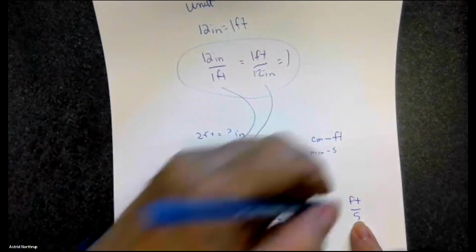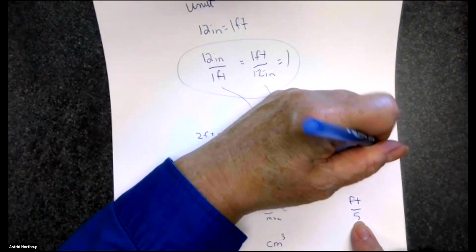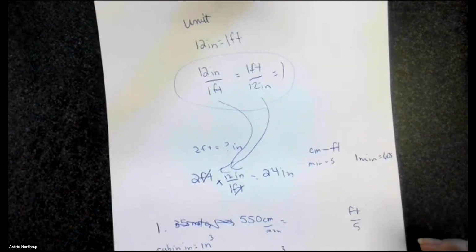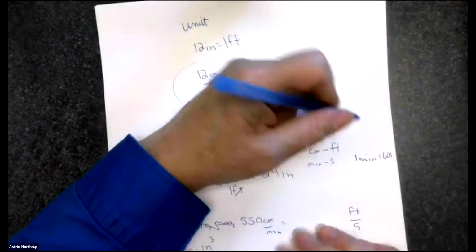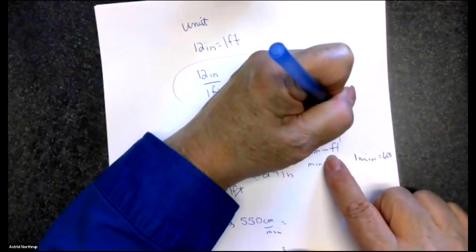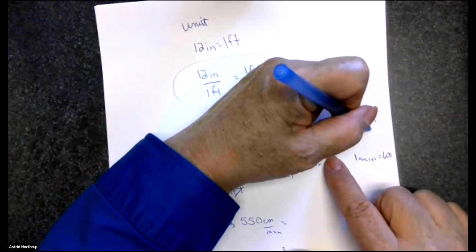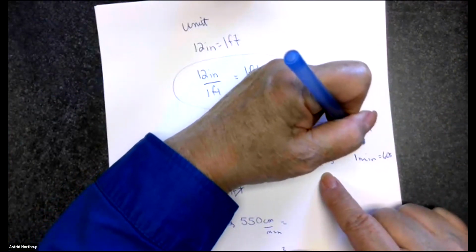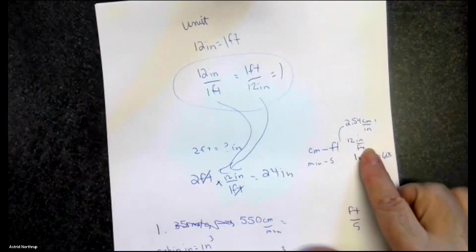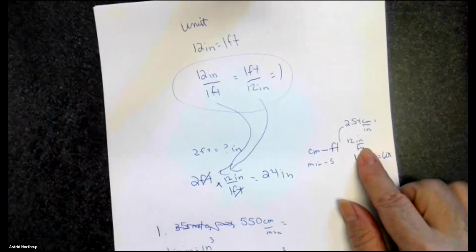All right, so we probably know that 1 minute is equal to 60 seconds, but how many centimeters are there per foot? Well, you can do it in one step. You can look that up. Or maybe you know that there are 2.54 centimeters per inch, and then you know there are 12 inches per foot. In other words, you can use multiple conversion factors to get the answer if you wish.